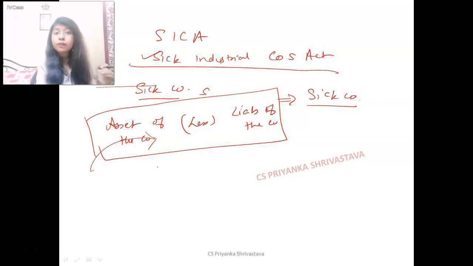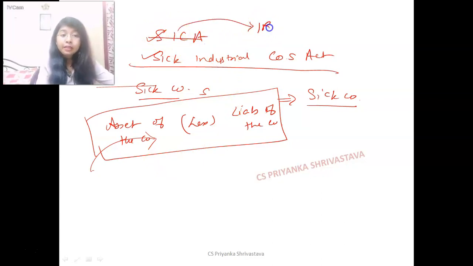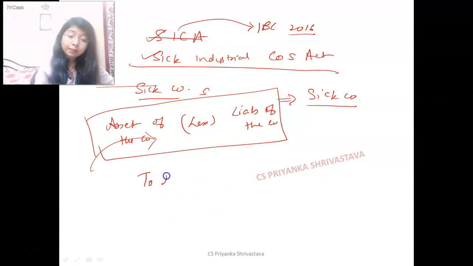We want to give an immense opportunity to everyone to revive, to recover, and to rebuild themselves. So that's why there is an option given under SICA, and that is now repealed, and IBC has come instead of this. So the purpose of SICA was basically to revive the sick company.